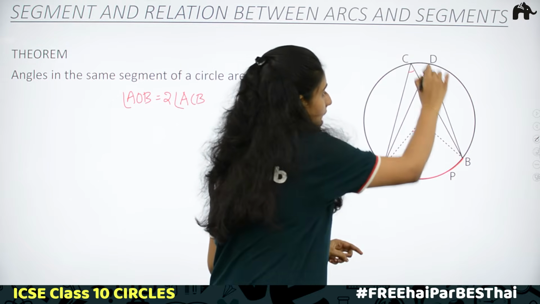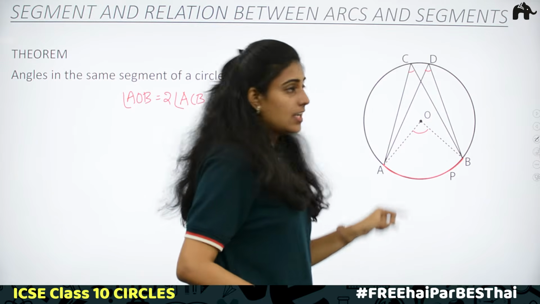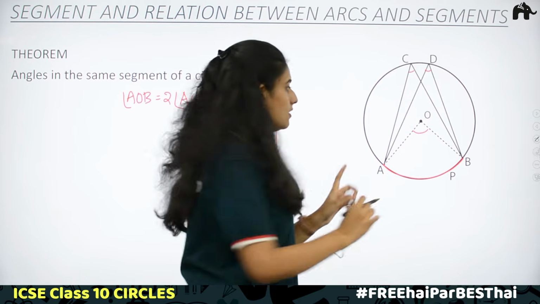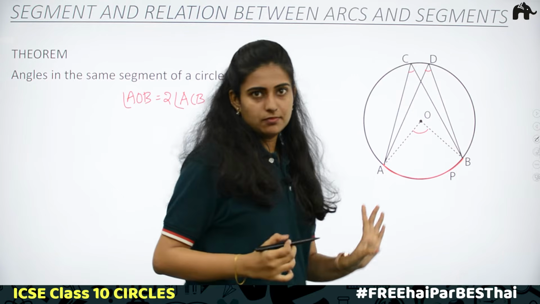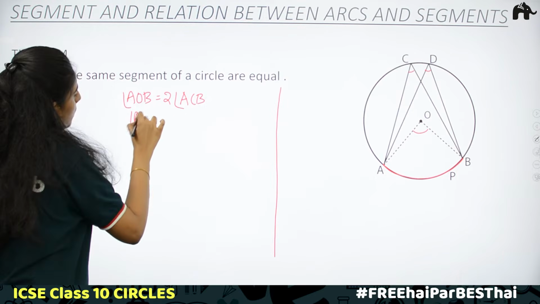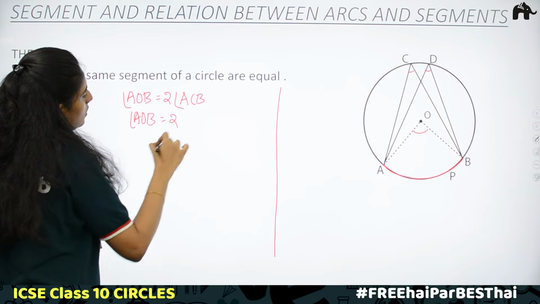ADB is also an angle subtended by the same arc on the circumference of the circle. Therefore, the measure of AOB should be equal to 2 times ADB as well.